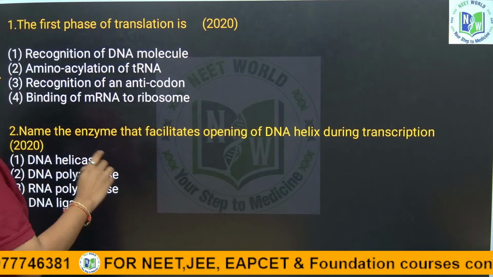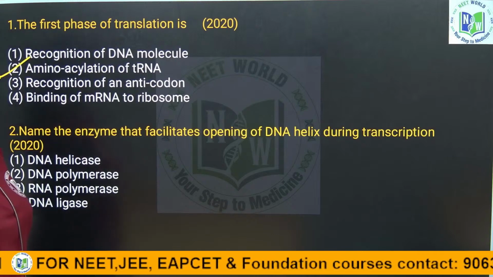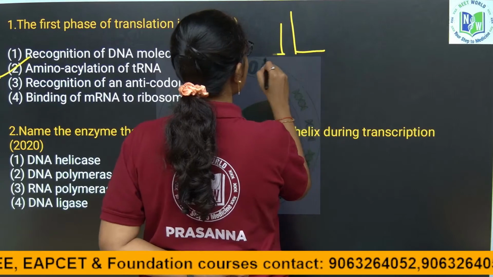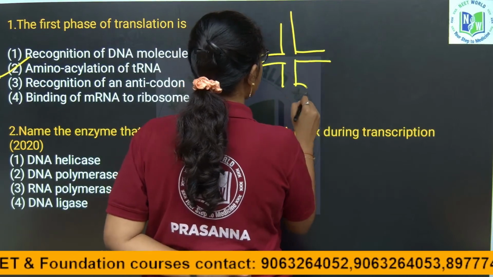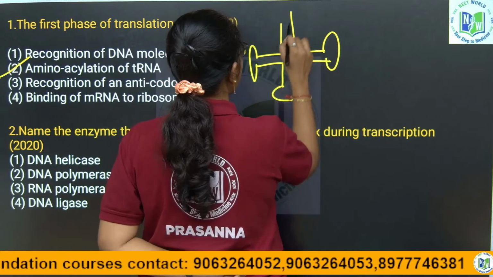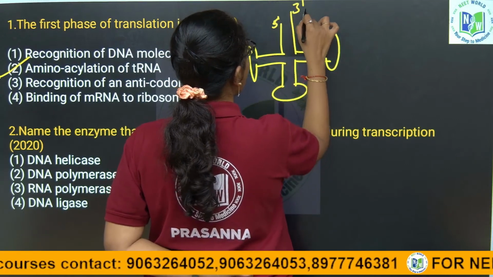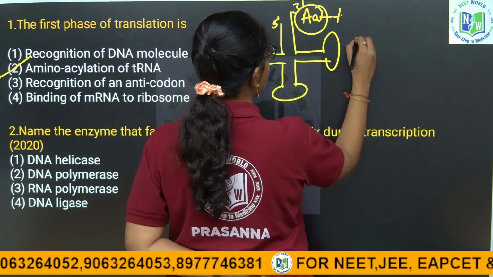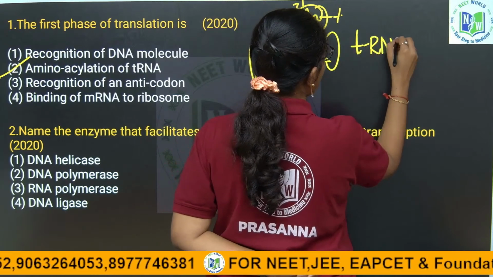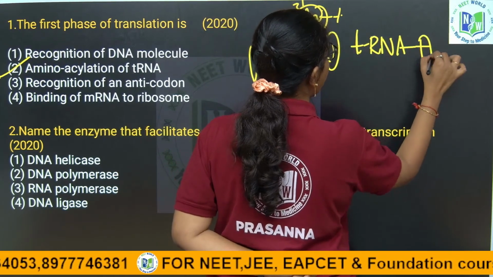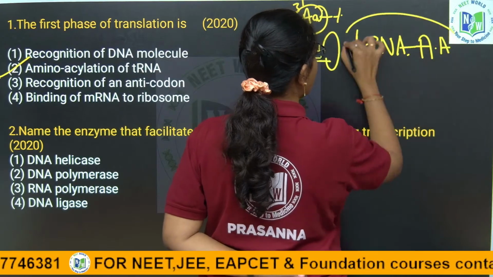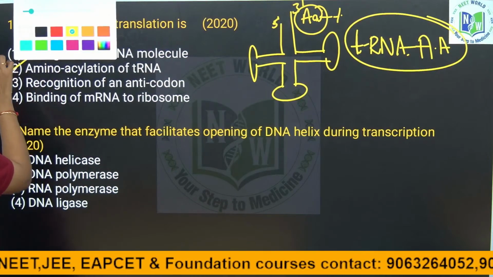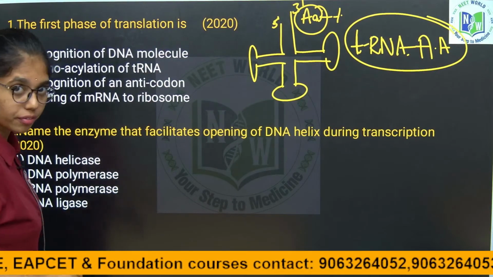Of course, amino acylation of the tRNA is the first phase of translation, wherein tRNA is attached with an activated amino acid. tRNA is attached with amino acid, which is called amino acylation of tRNA. Clear? This is the first phase of translation.